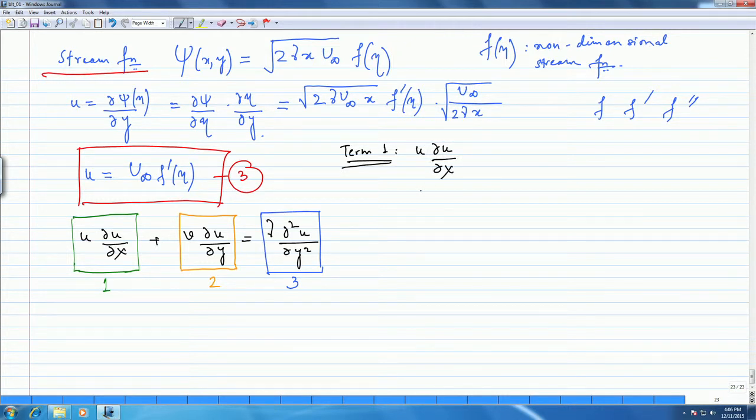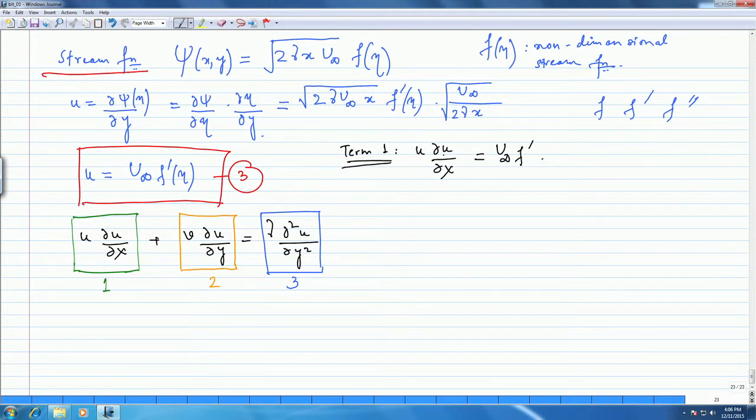So del u del x. What is u then? Using equation 3, u is u infinity f dash. Then it is del x of u.